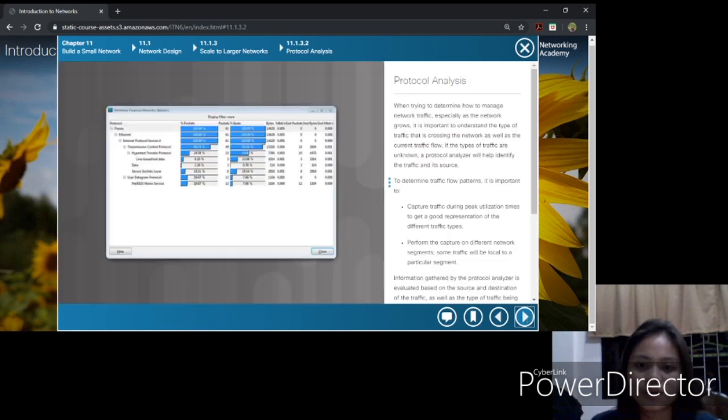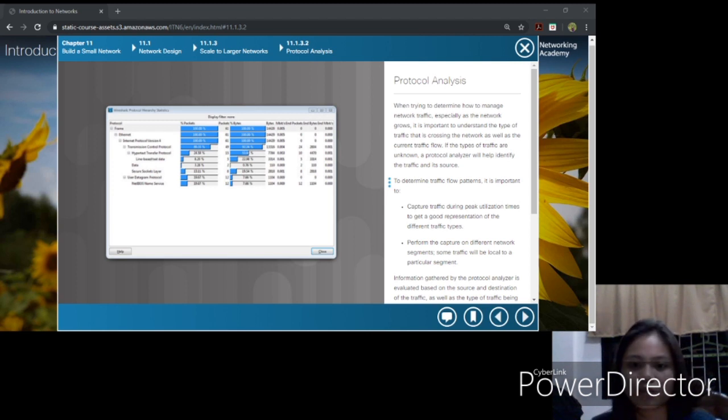Next is protocol analysis. As the network grows, it's important to understand the type of traffic crossing the network as well. To determine the traffic flow patterns, it is important to capture traffic during peak utilization times to get a good representation of the different traffic types.